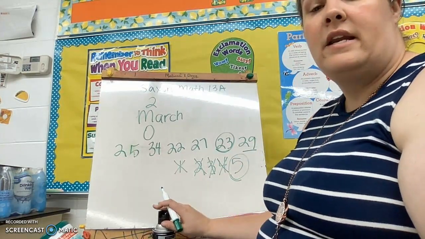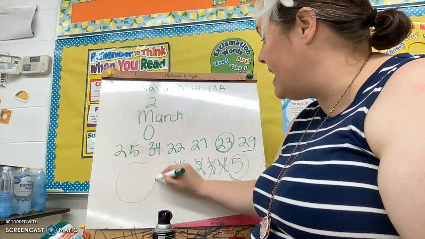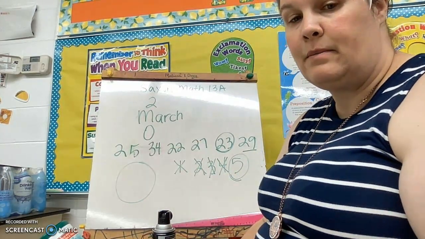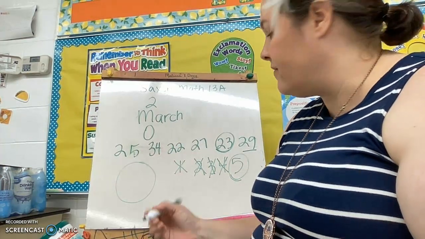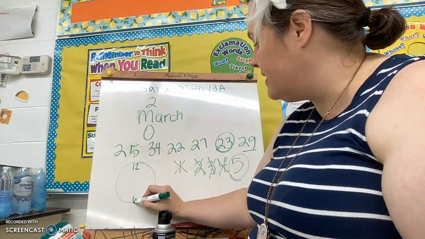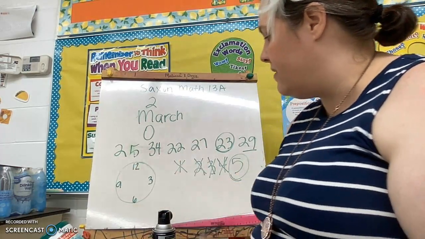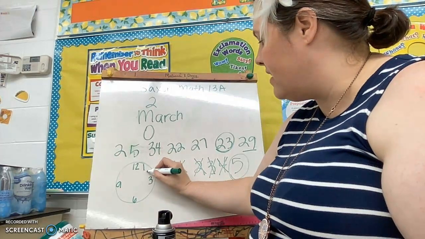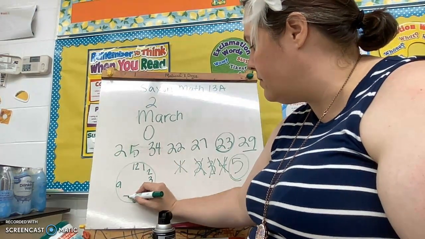Okay. Ooh, next you've got a clock. And it's blank. Okay, so the way that we number a clock face is I always start with the 12, the 6, the 3, and the 9. Okay? And then I fill out these other numbers in between.